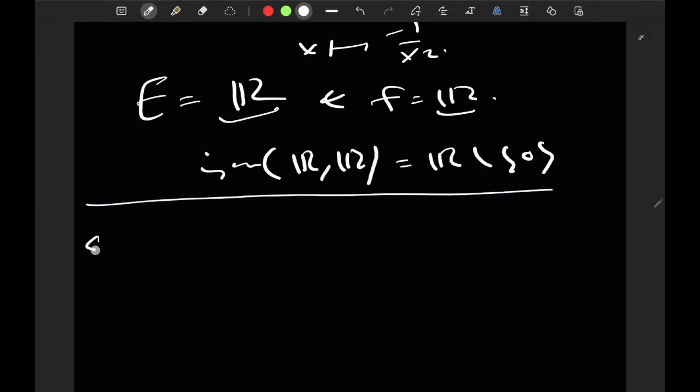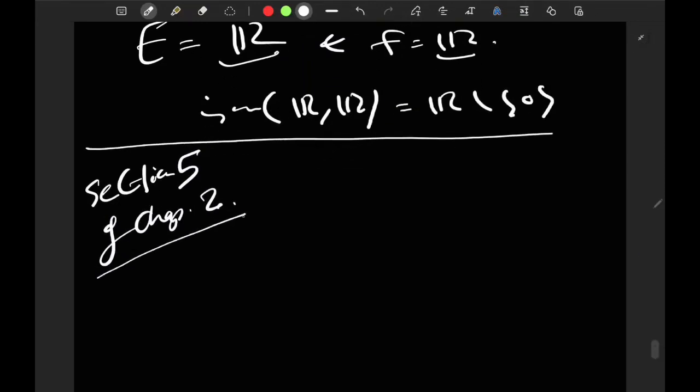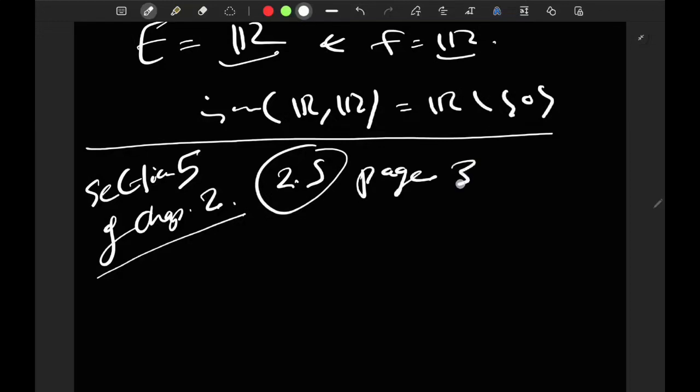So now in section 5 of chapter 2 of Cartan, in our terminology, so Cartan section 2.5, we're on page 32.